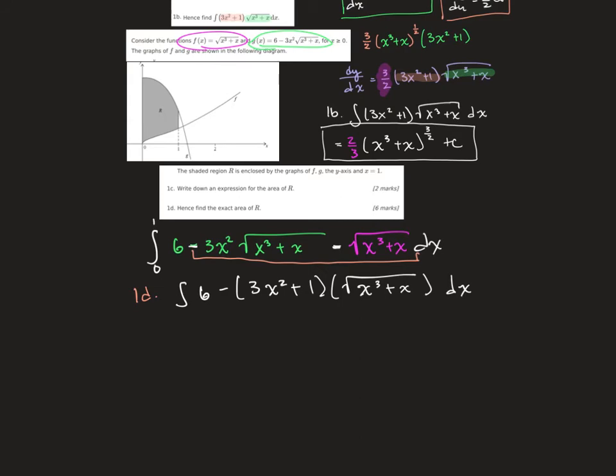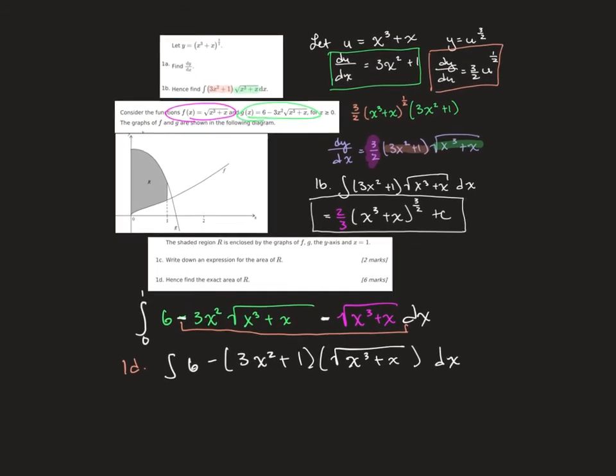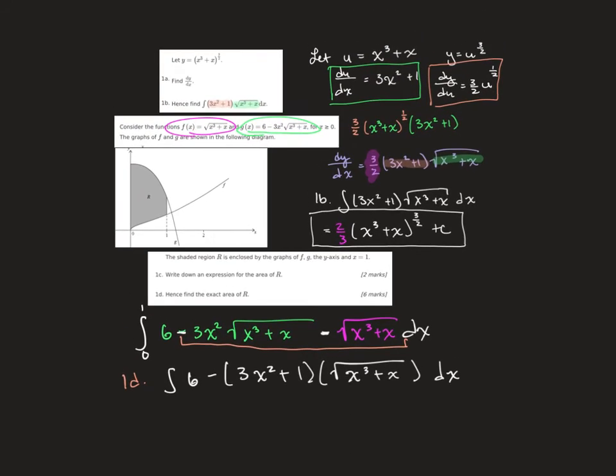I know from part 1b what the antiderivative of this section here is. If you look, and let me find another color so we can highlight this for you. So like this right here, the antiderivative of this is here. And so I already have that. And then the antiderivative of 6 is no problem at all. That's just 6x.